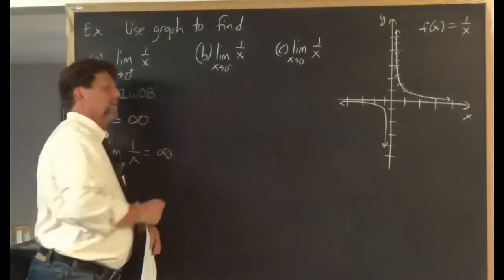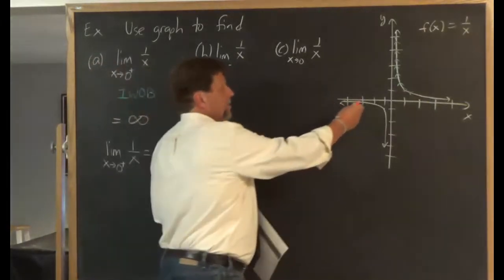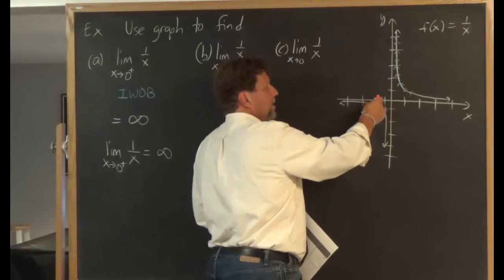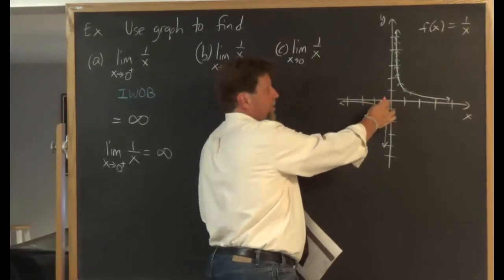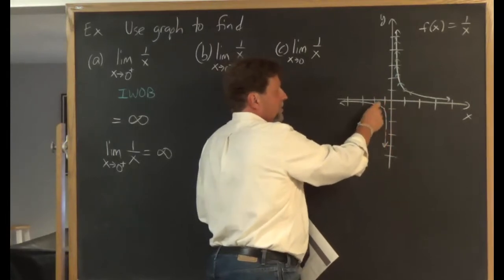Well, now let's look at the limit as x approaches 0 from the left side of 0. So I come to the left side of 0 and I put myself on the graph and I want to get closer and closer to an x value of 0 from the left side, and I'm looking at those y values.